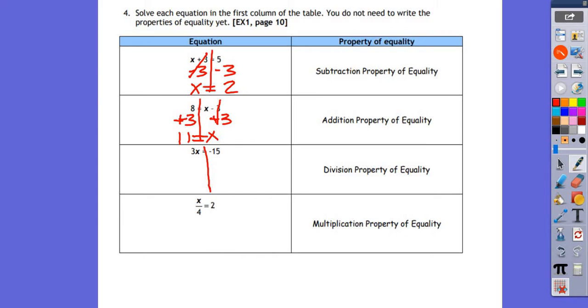No. So there's no kids. Okay, so I need to break them up. What operation is 3 and X doing? Multiplying. The opposite of multiplication is division. Who's getting kicked out? Nothing. X never leaves.